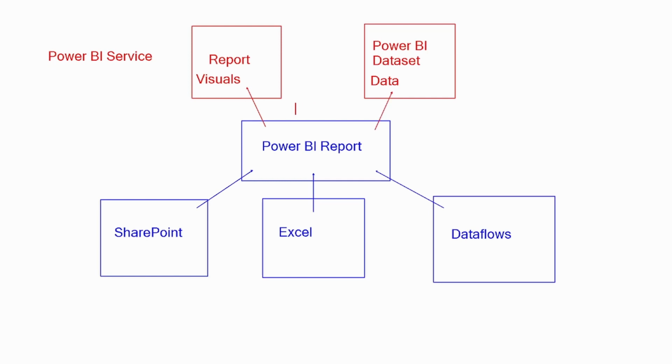This is the publishing step. As we create these Power BI reports, depending upon our data source, we're going to publish out to the service and it's going to separate it into a report and a Power BI dataset.